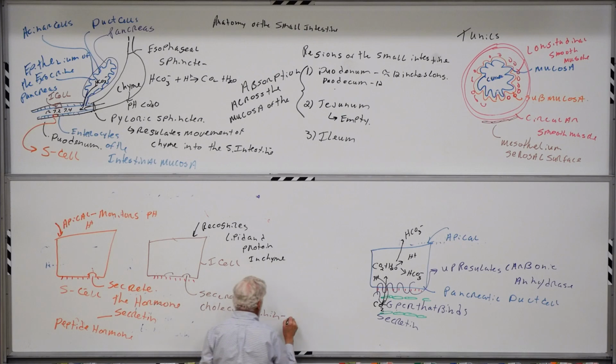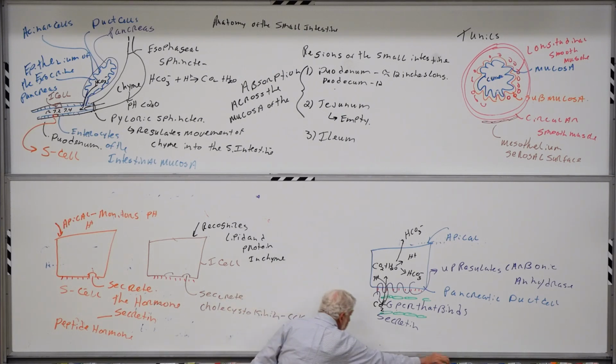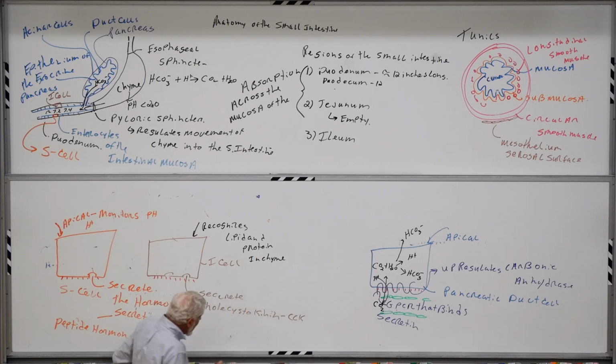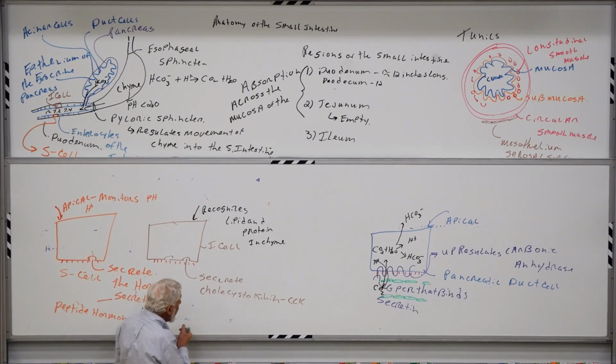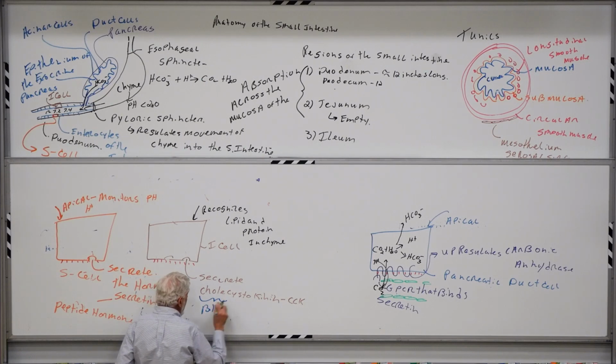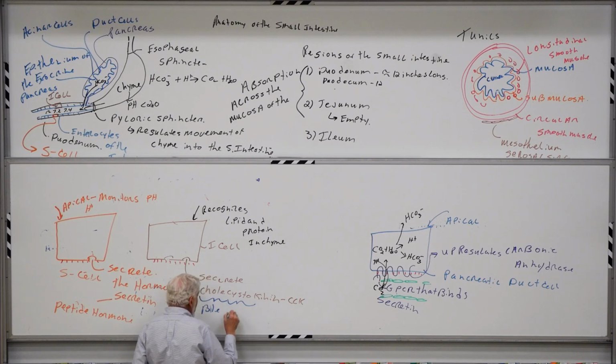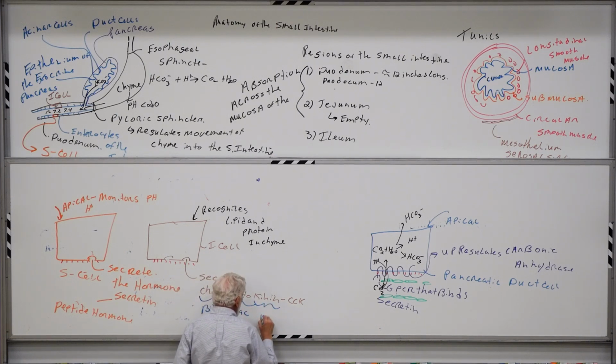We abbreviate cholecystokinin as CCK. But if it helps you remember it, there's actually some meaning in this word. Chola means bile. Cysto means sac. And kinin means move.